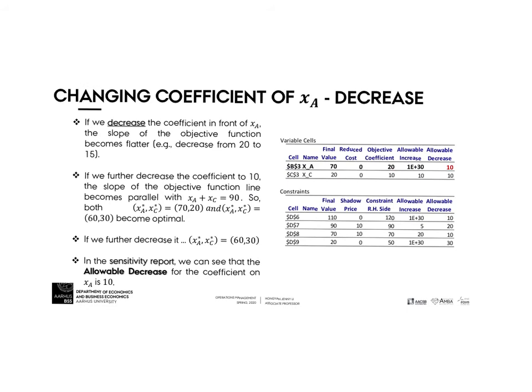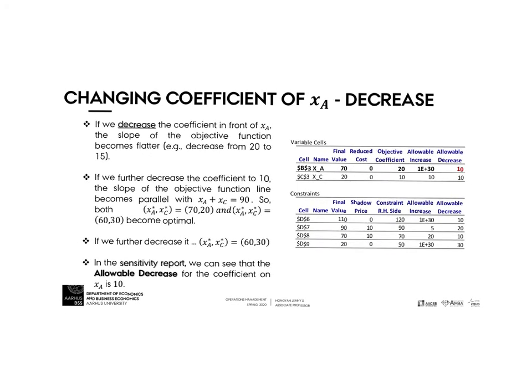On the other hand, now let's see if we decrease. If we decrease the coefficient of xa, what's going to happen? You can read the text in the slides. It's very comprehensive, so I just quickly go over it. You just need to look into the allowable decrease column in your sensitivity report in the variable cells.